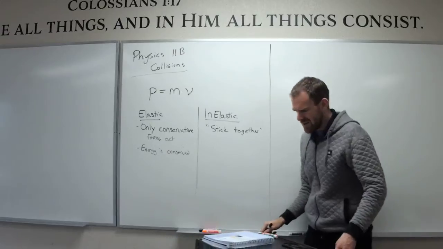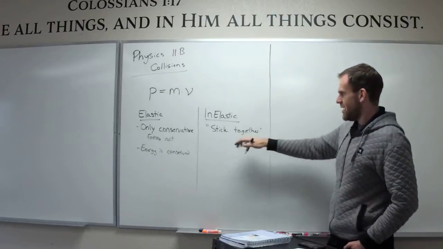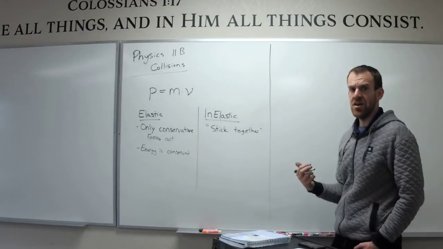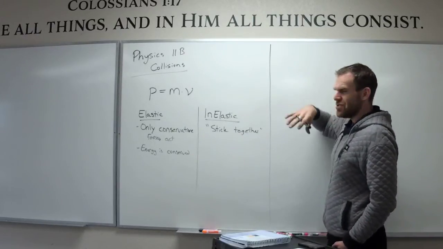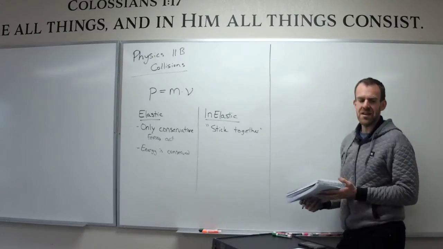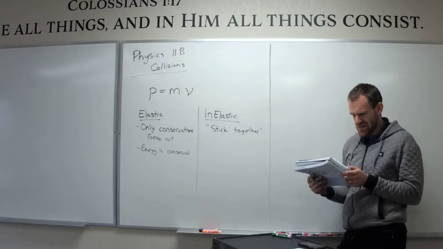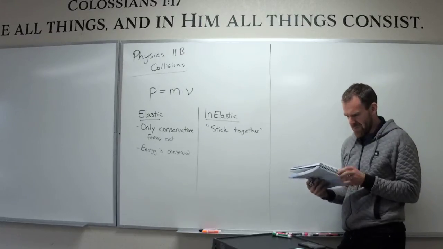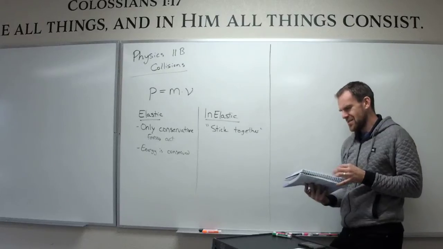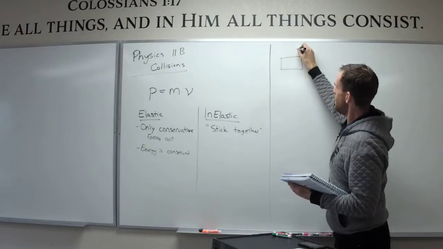So here's the idea. In an elastic collision, energy is conserved. So the energy initially has to equal the energy afterwards. We're not losing any energy to friction or maybe heat or something like that. So let's suppose we have an object and it is moving this way.